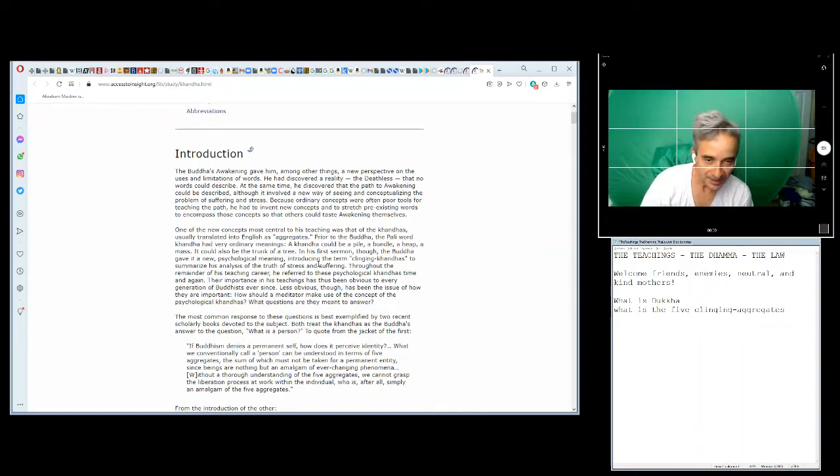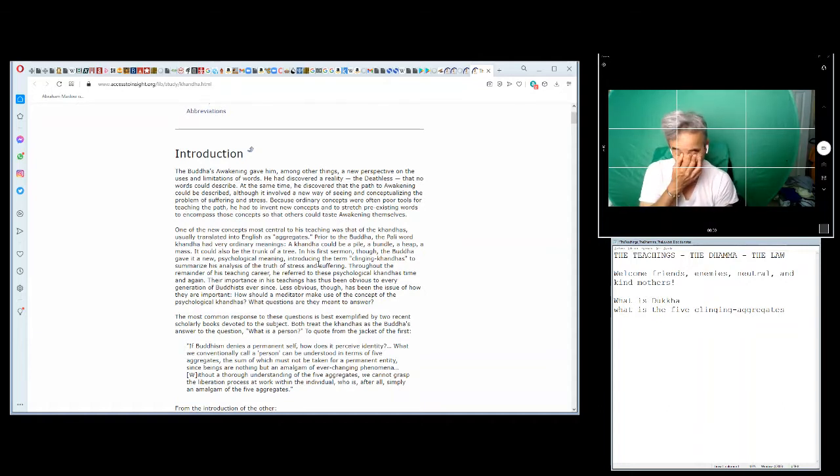No, maybe the word aggregates was already there, but he may have been the first one to define aggregates as there being five of them. Maybe not. So anyway, one of the new concepts most central to his teaching was that of the khandhas, usually translated into English as aggregates.